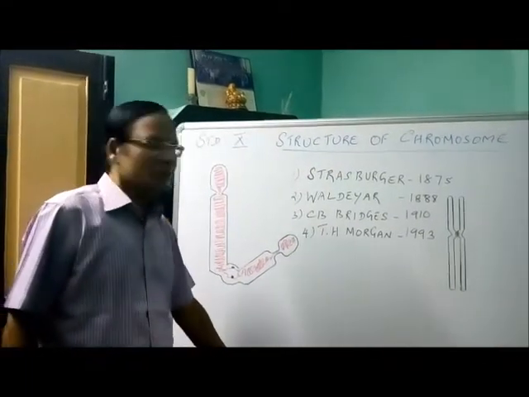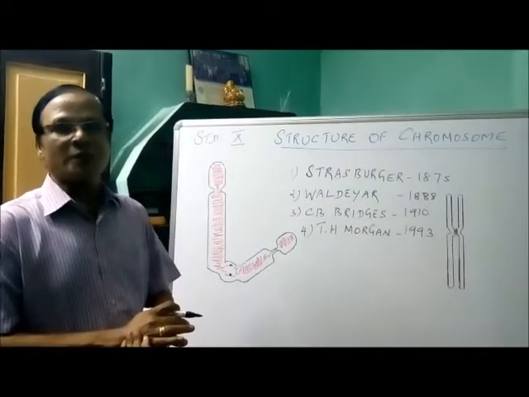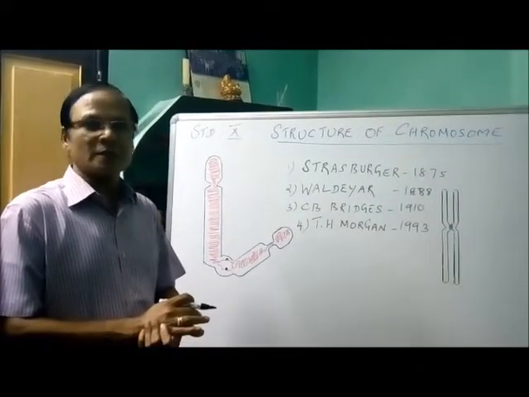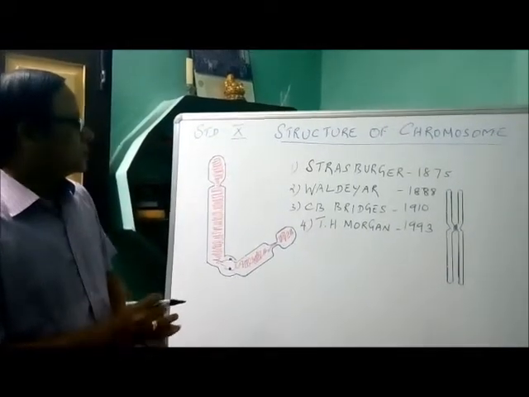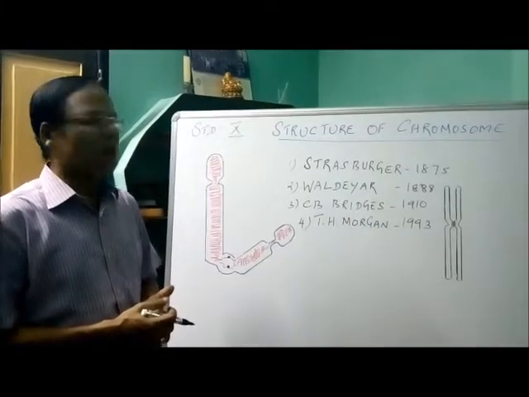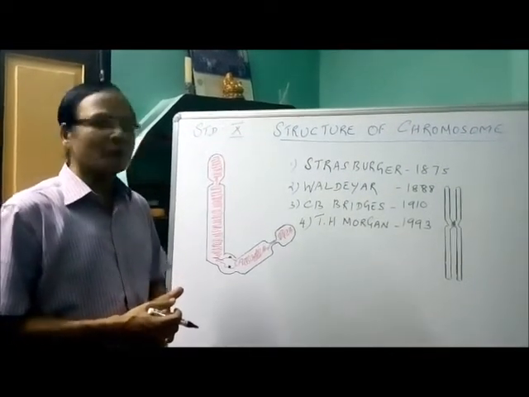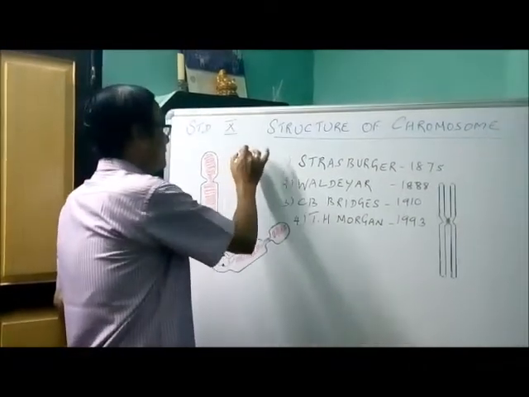The chromosomes are the carriers of the genetic material, carrying the hereditary information. When present in the nucleus, they are highly coiled and condensed structures made up of chromatin.